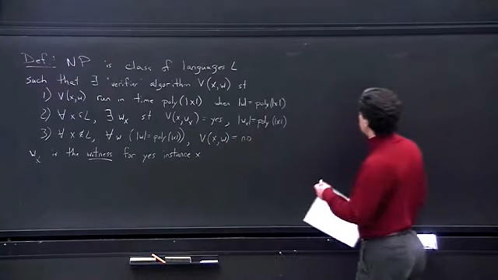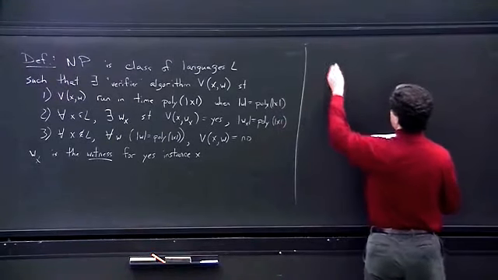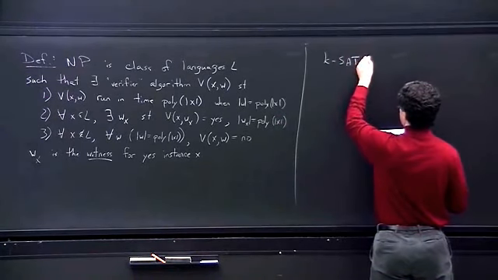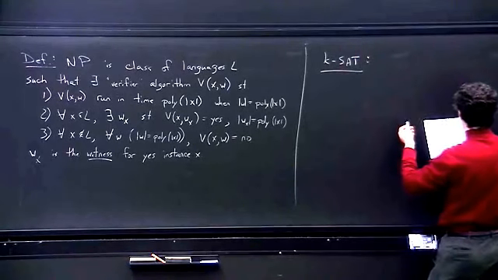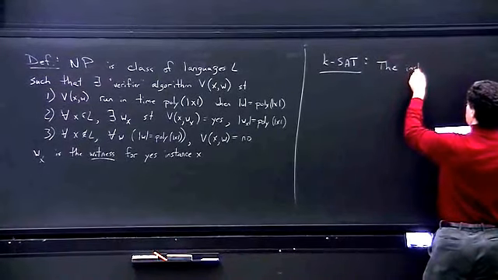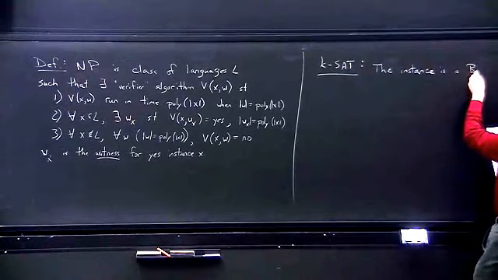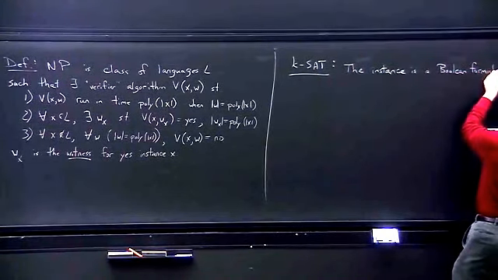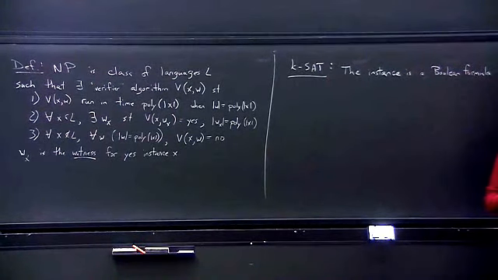And let me give you a concrete example of a problem in NP. That's the problem KSAT, for K-satisfiability. The instance is a Boolean formula. A Boolean formula is one that acts on variables.